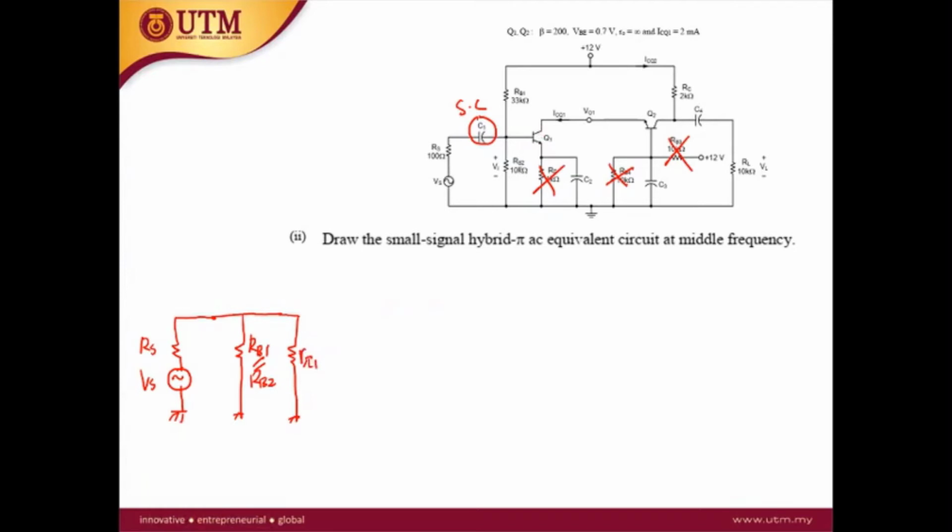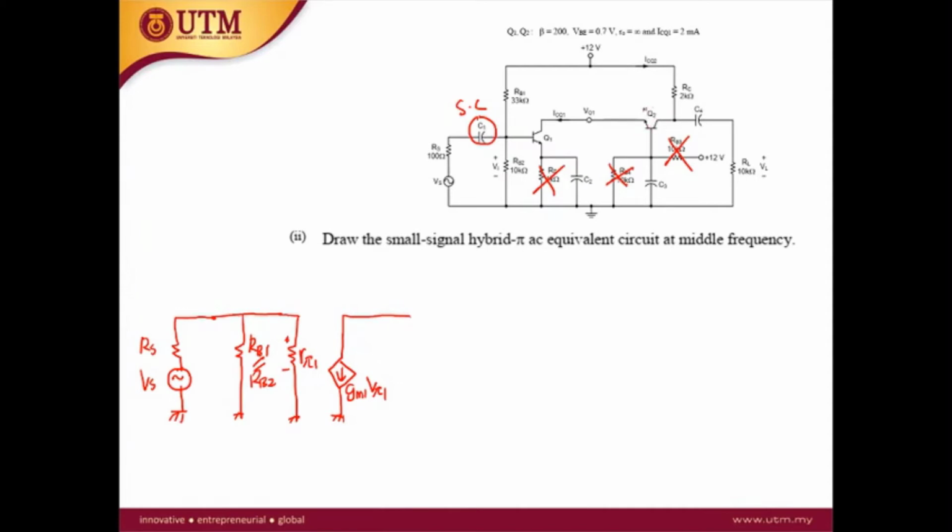Between the emitter and collector, we have the GM1 V pi 1. V pi 1 is here. And then the collector is directly connected to the emitter of Q2.